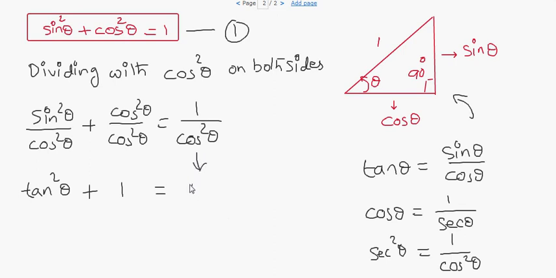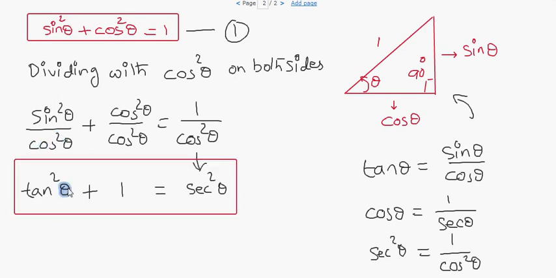Therefore this becomes secant squared theta. Now we have another formula in terms of tan and secant theta, which is tan squared theta plus 1 is secant squared theta.